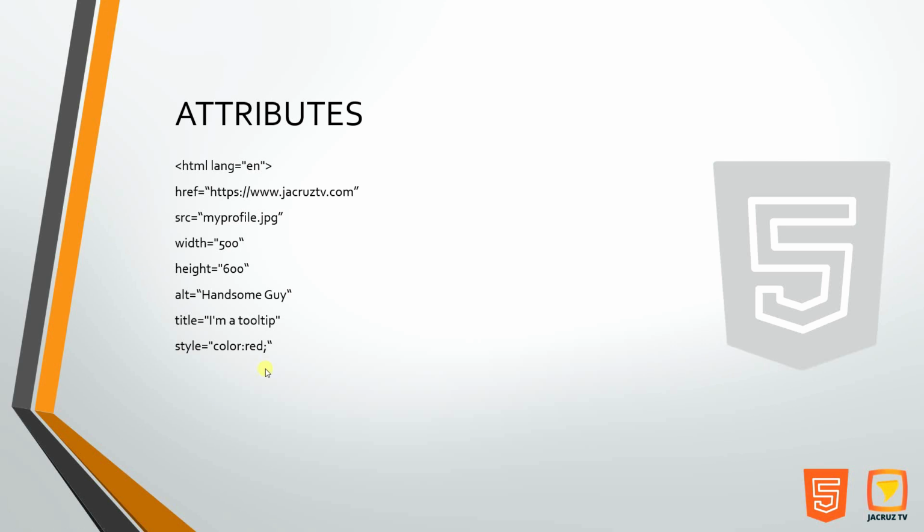So next is the style attribute. Now, this one is complicated, and actually I just want to show you that we can use CSS directly from HTML. Actually, this is not the proper way of doing styling. There must be a different document for CSS for styling. But for the sake of this tutorial, I will be showing you directly how it works.